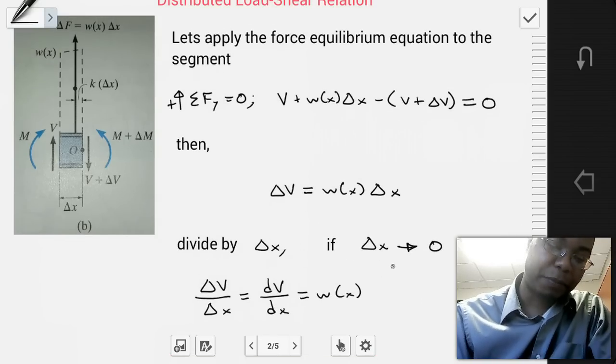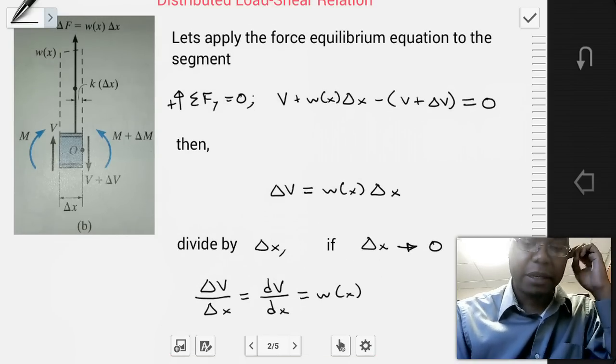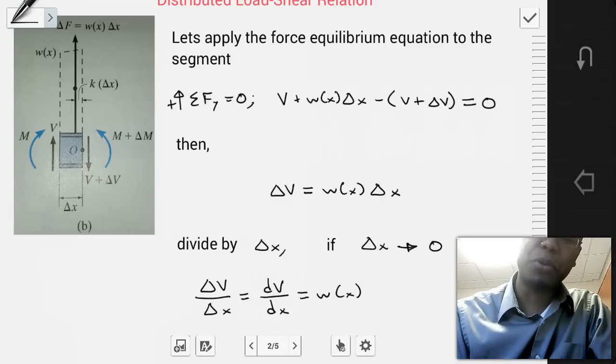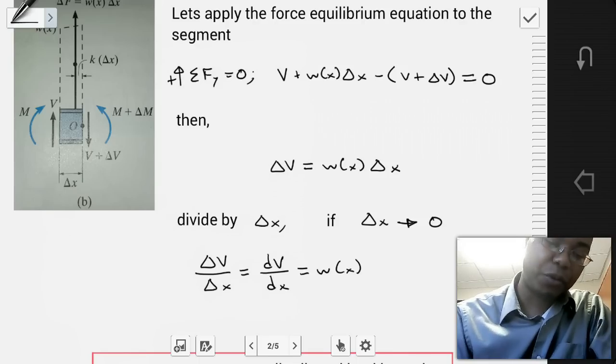Now, if we divide both sides of this equation by delta x, and delta x is greater than 0 and approaches a very small value, then we'll find that the change in the shear force over the distance is going to be equal to the derivative of the shear force with respect to position x. And that is all equal to the value of this distributed load.